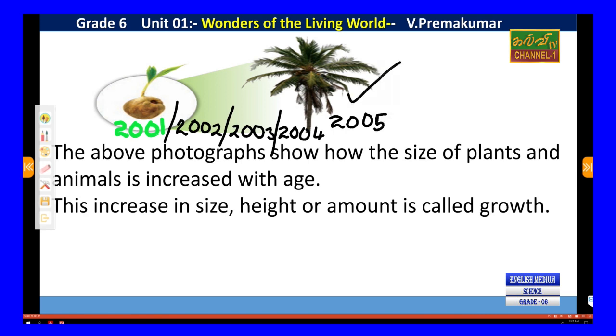Yes, biggest one. They said the above photograph shows the size. What is the size? They said the size of plants and animals increase. Here they don't mention the animal because you already know that small cat is there.